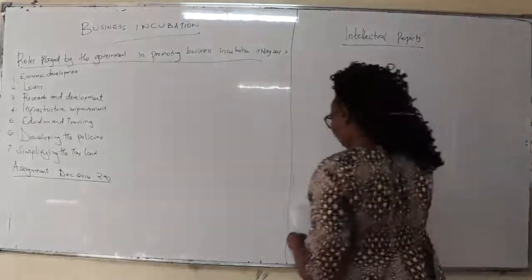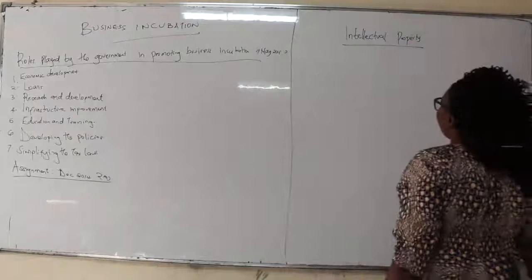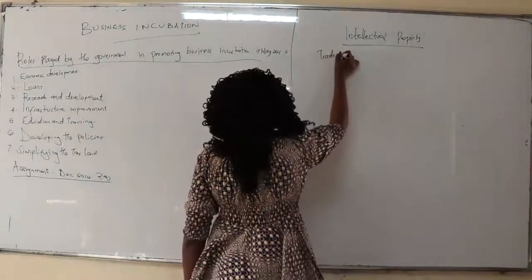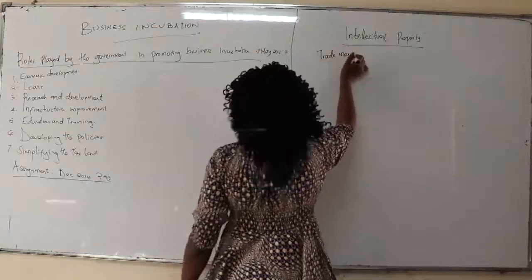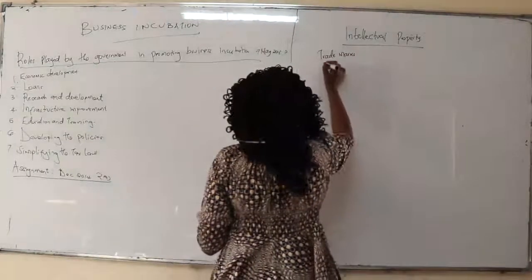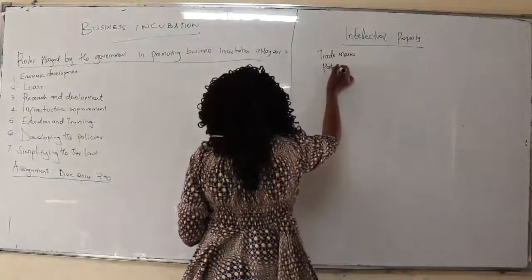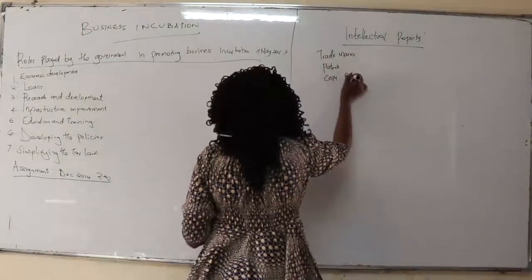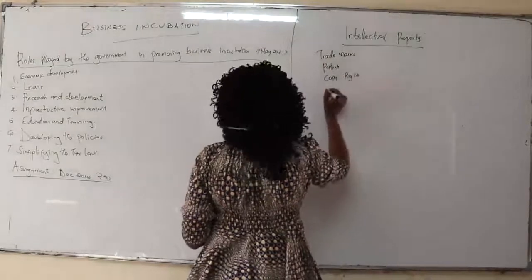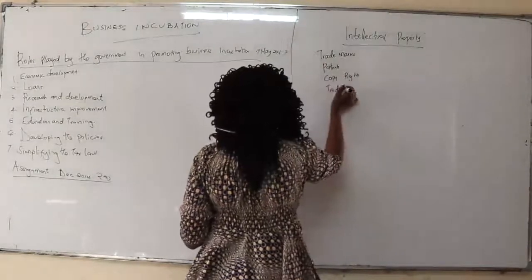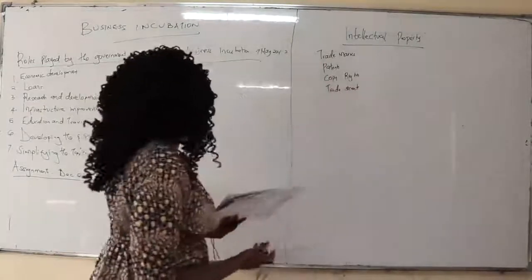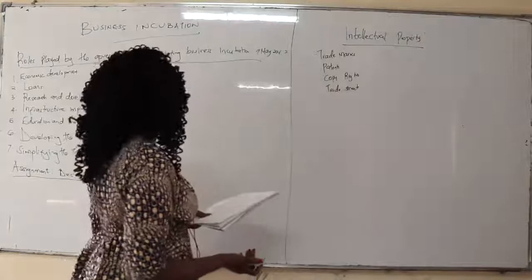Intellectual property usually includes the trademarks, the patents, copyrights, and trade secrets. The trademarks, the patents, the copyrights, and the trade secrets.